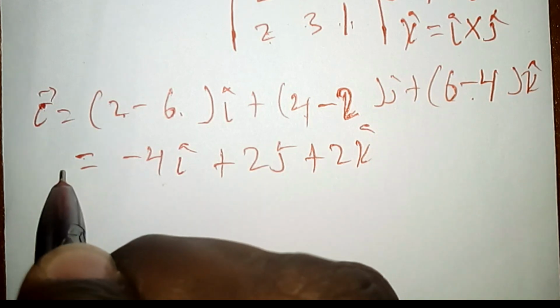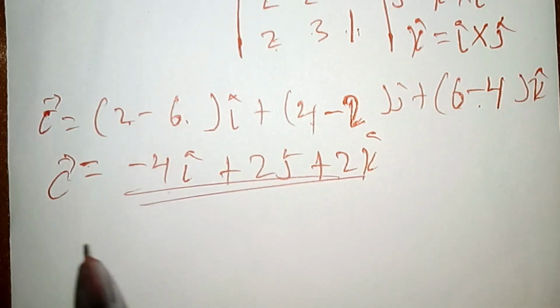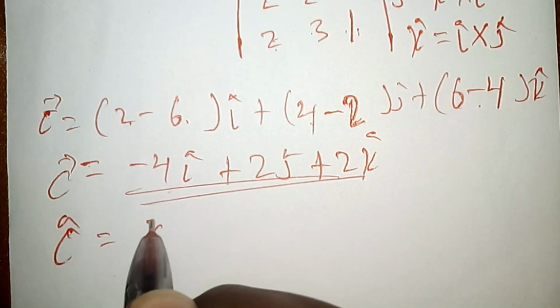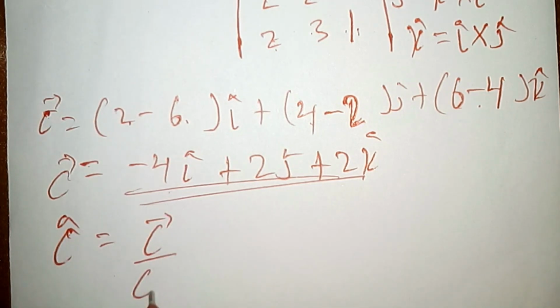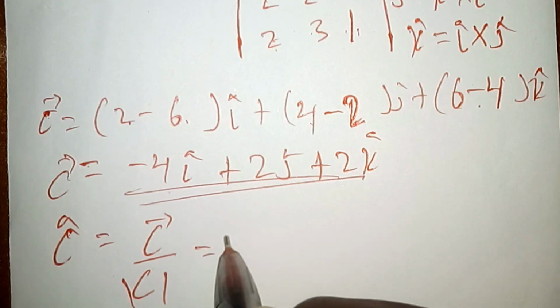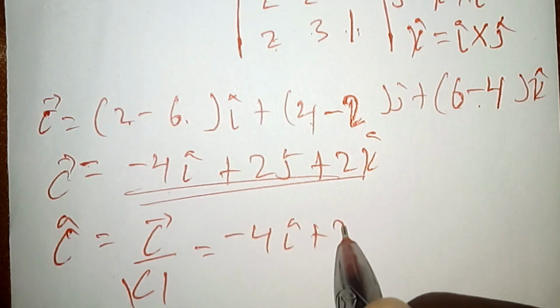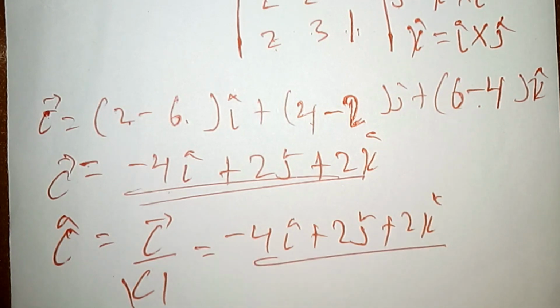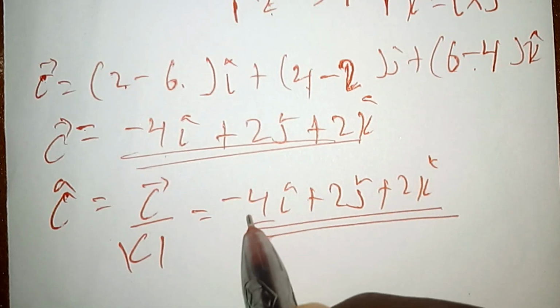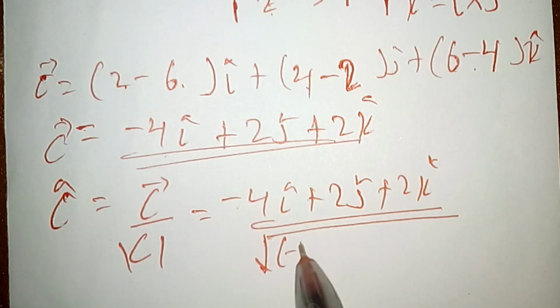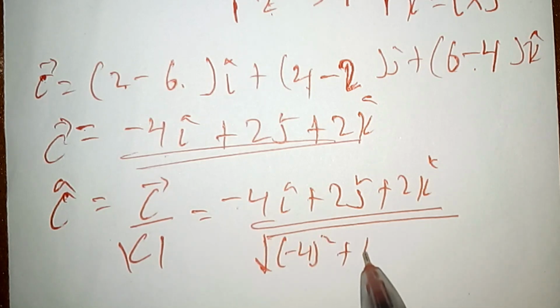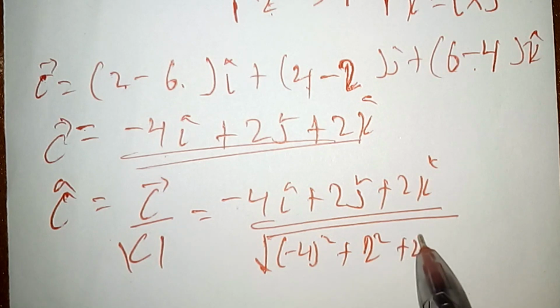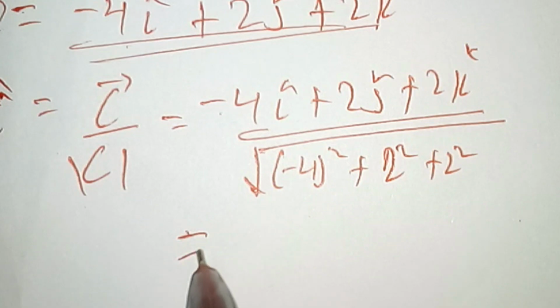This is vector C. So then unit vector C is equal to the vector C divided by the magnitude of vector C, which is minus 4i plus 2j plus 2k, divided by the magnitude of vector C, which is minus 4 squared plus 2 squared plus 2 squared.